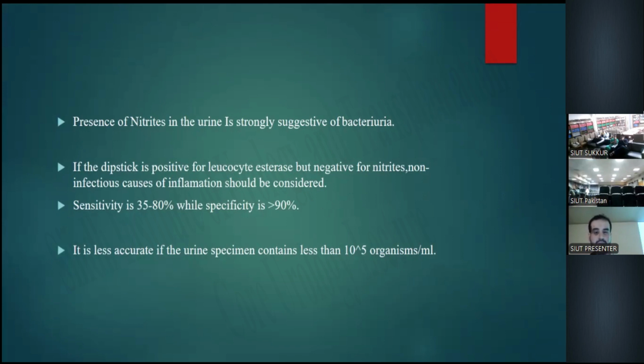So if positive for leukocytes but negative for nitrites, a non-infectious cause like inflammation should be considered. Sensitivity is 35 to 80%, while specificity is more than 90%. It's less accurate if the urine specimen contains less than 10,000 organisms per ml.